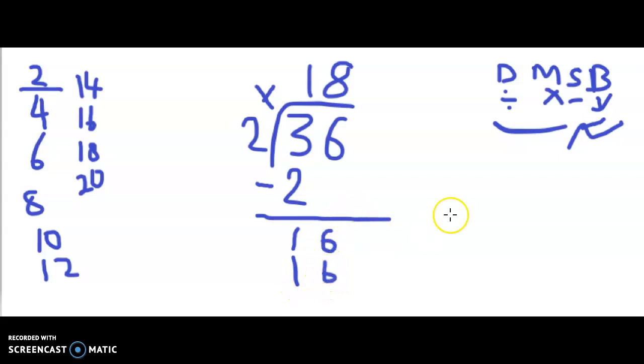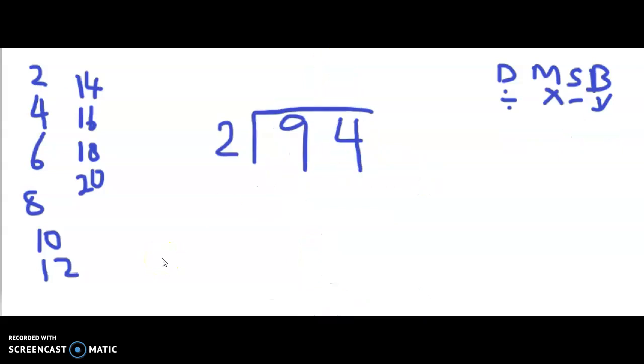The next step is to subtract. 16 minus 16: 6 minus 6 is 0, 1 minus 1 is 0. And we have the answer 0. We don't have any more monkeys hanging in the tree, so we are done. We don't have to do again. The answer is 18.